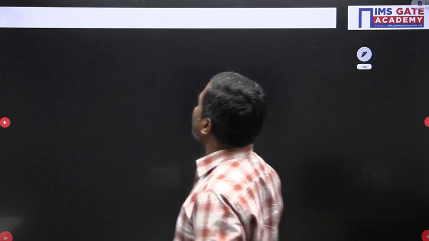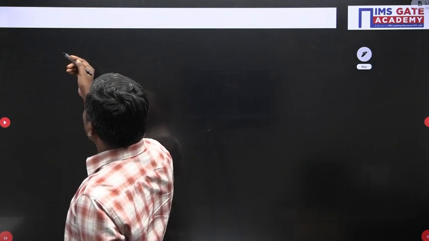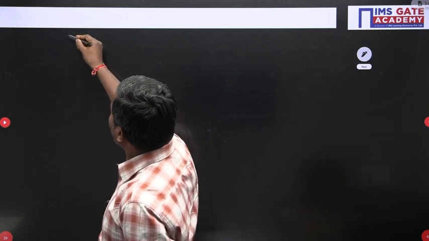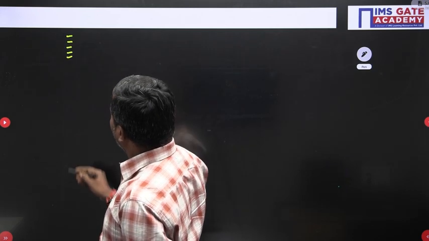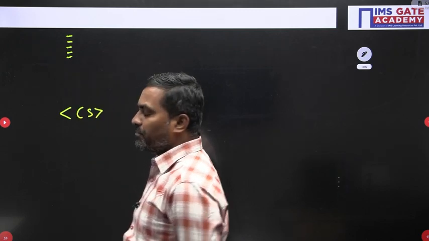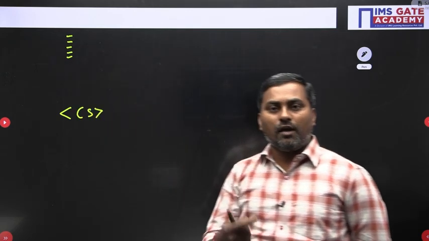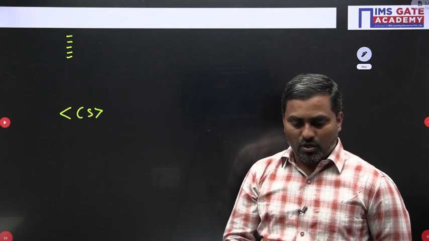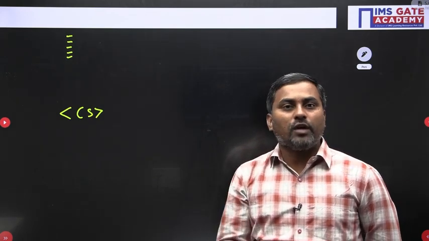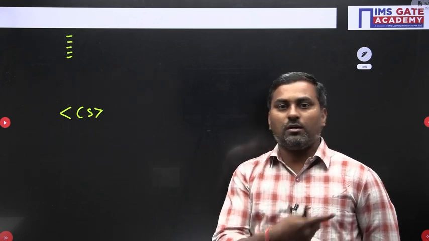Now look at this. In practical scenarios, we will be using these semaphore operations. How, sir? Suppose some code has a critical section. For this critical section, I want to ensure mutual exclusion, meaning no two processes should go inside the critical section at a time. For this, I would like to use semaphore variables.